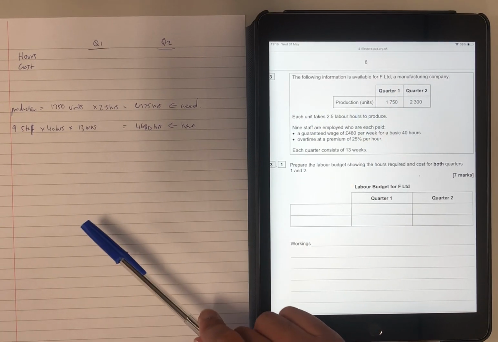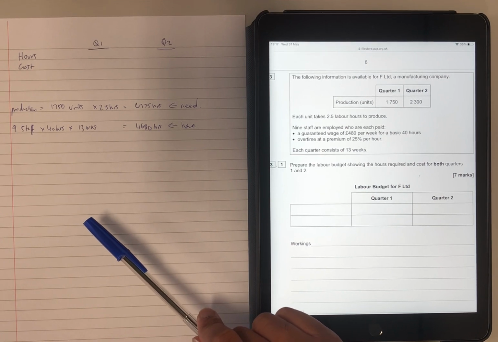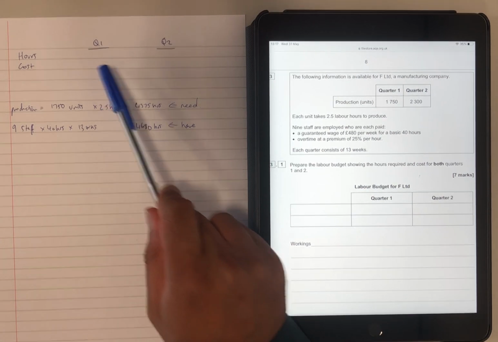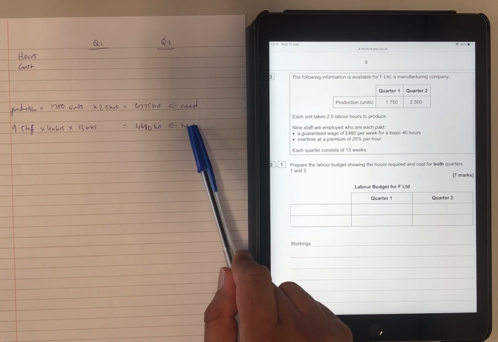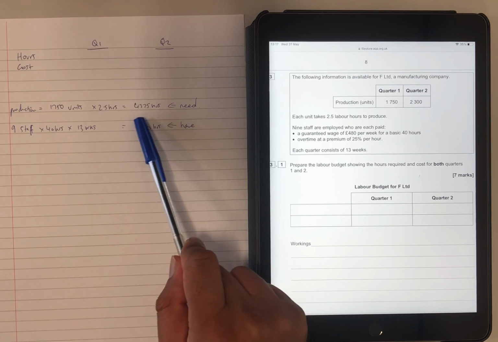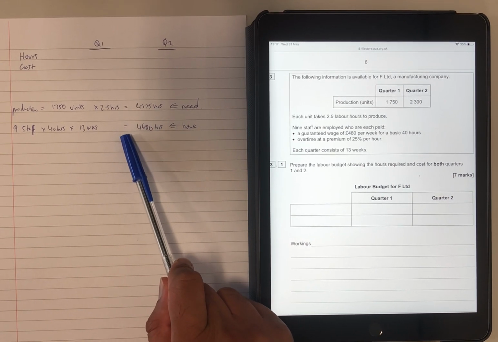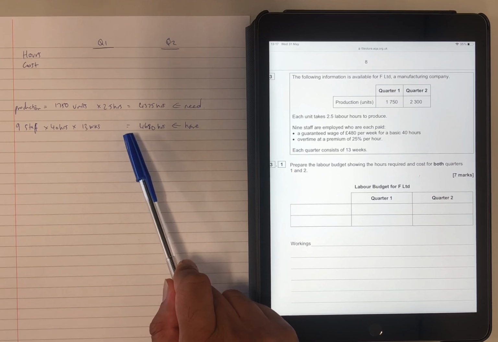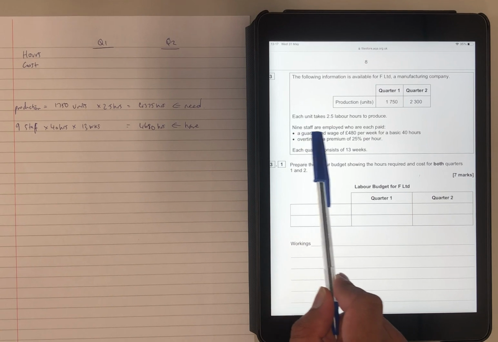So this is where AQA are going to try and get you. Some students will work out the cost based on what they need and not on what they have. The reason we use what we have, even though we don't need this many hours, is that our staff still get paid. Even though they might be sitting around, the staff are guaranteed that wage.